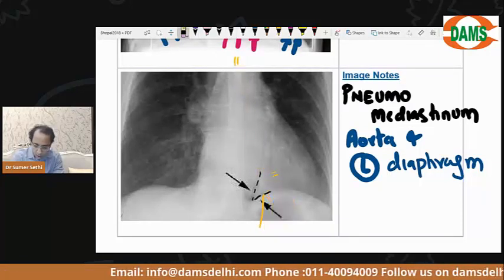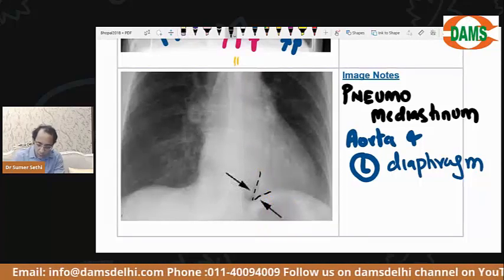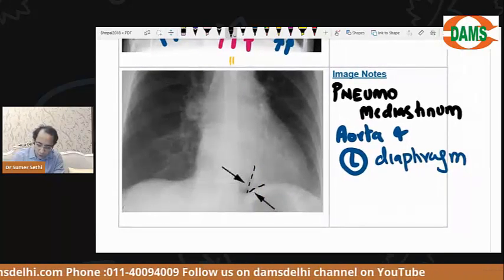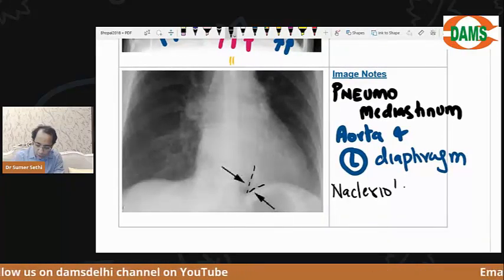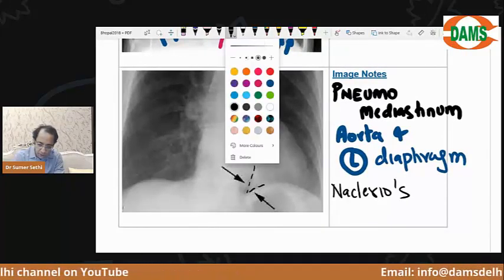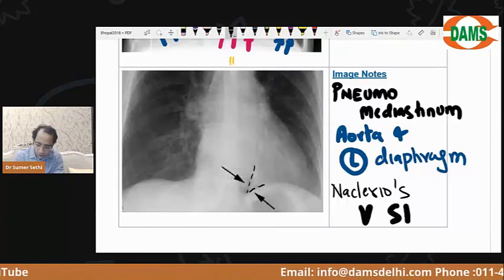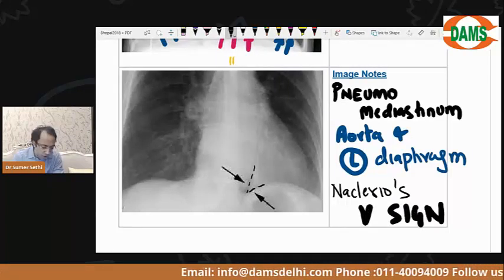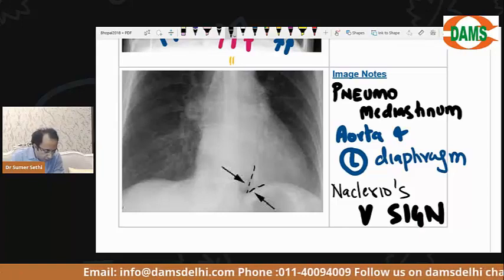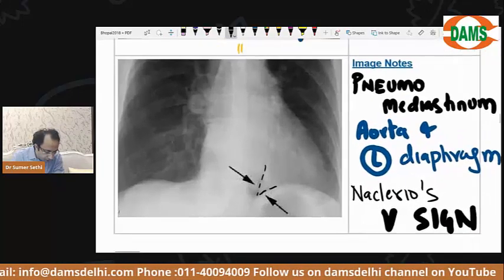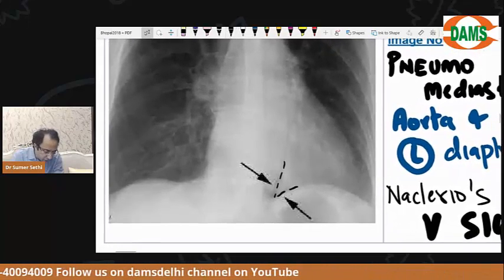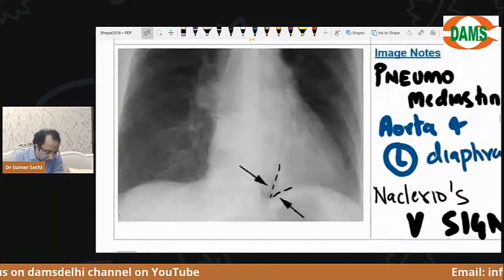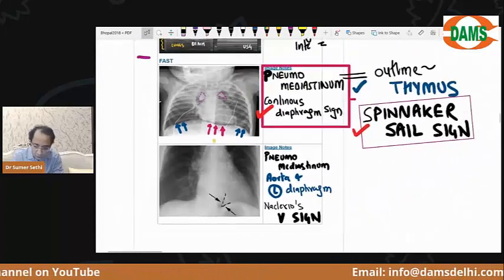This triangular pocket of air is called the Naclerio V sign. You might have studied all of this in surgery also. So remember now. Yes, can you see this? This sign is called the Naclerio V sign, and I'm again repeating for you.